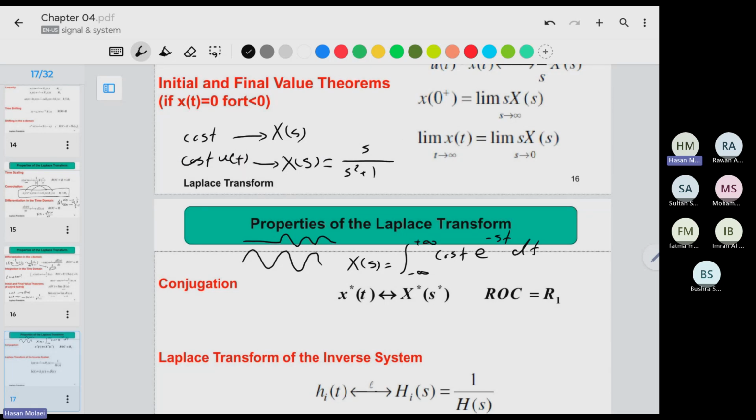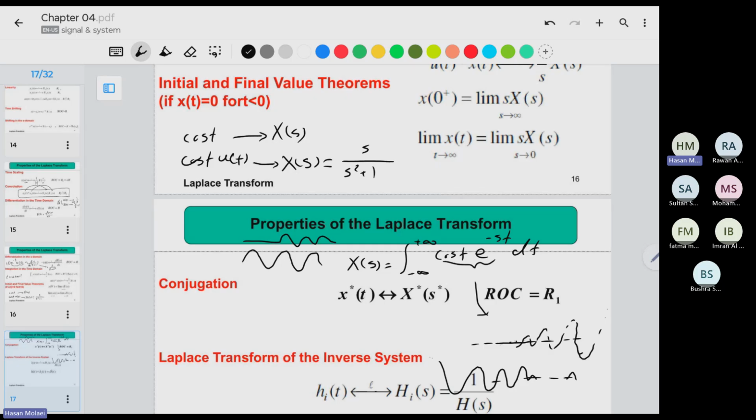If the real part of S would be positive, its multiplication would be in time domain something like that. If that's negative, it would be something like that.